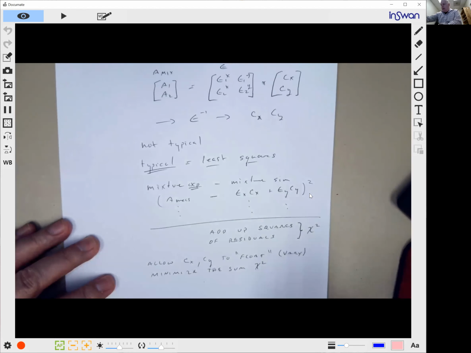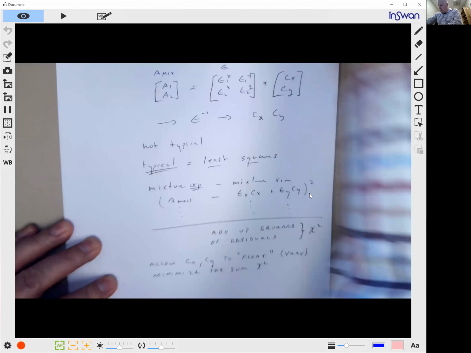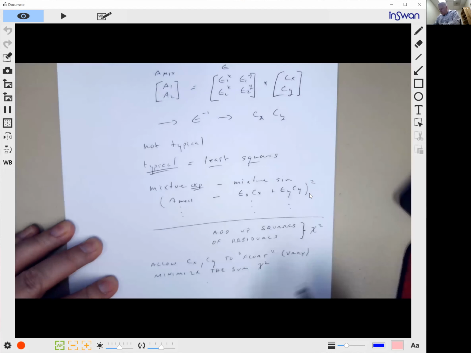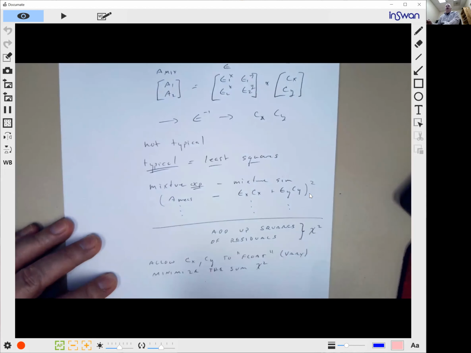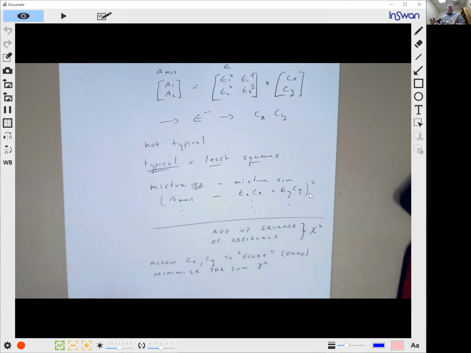And this process of minimizing the sum chi squared, you do it algebraically. I mean, you don't actually do any of this. You let the computer do it. It's super easy. All you've got to know is what's X and what's Y, and the problem is solved.